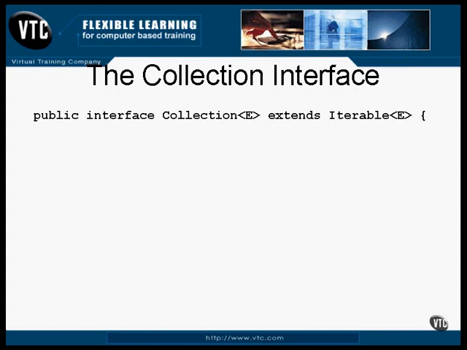Several methods are defined in this interface. In fact, a group of fundamental methods used in all collections can be found in the Collection interface. Now, not all the methods are always implemented because for some collections, not all the methods make sense. But by using the interface and its standard method names, it's possible to pass elements from one type of collection to another.